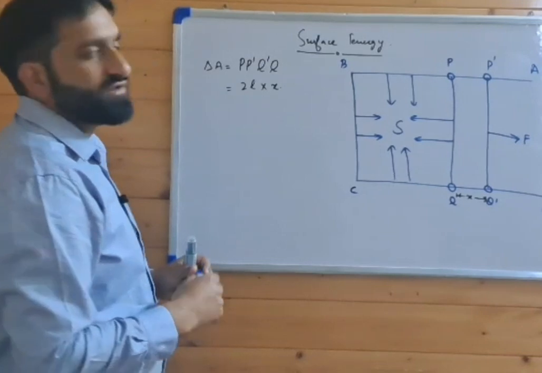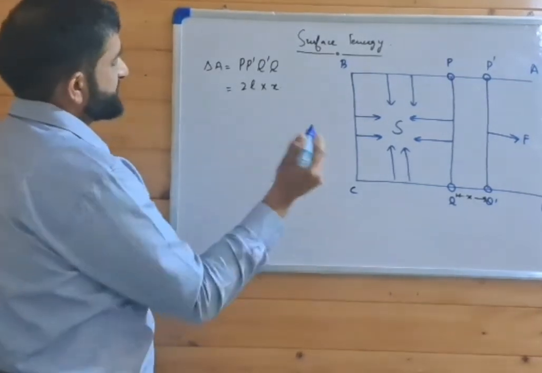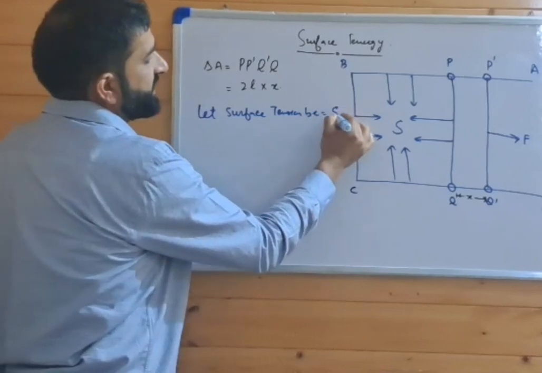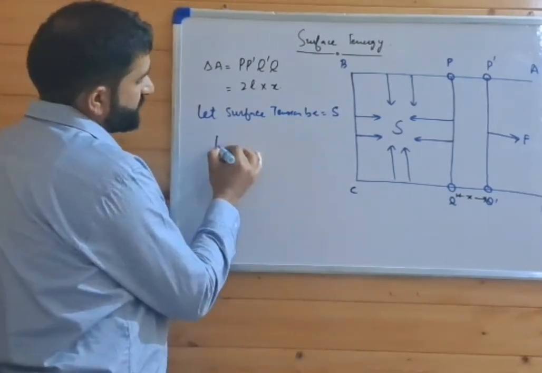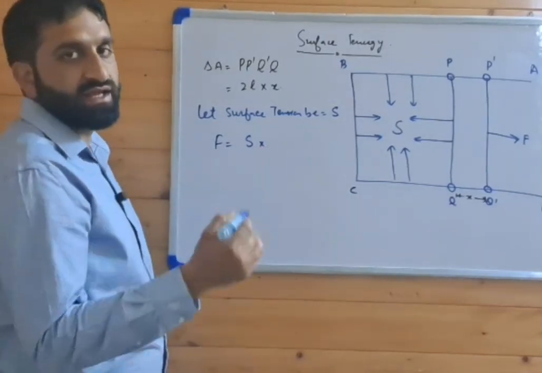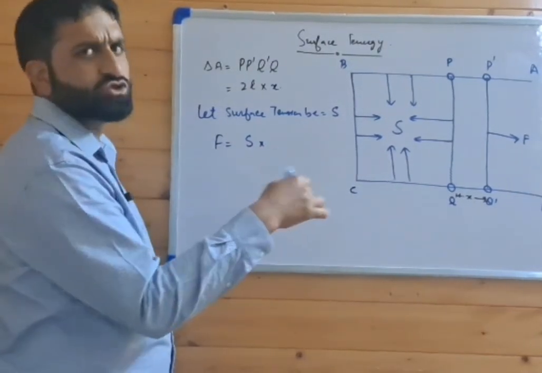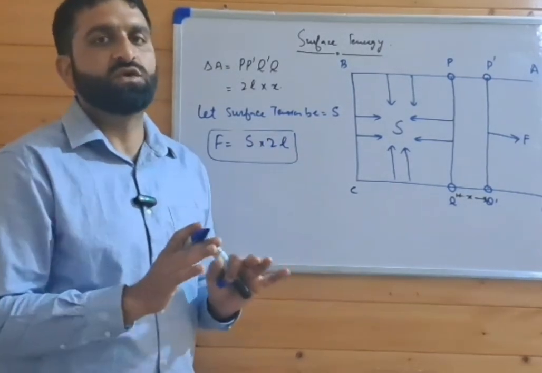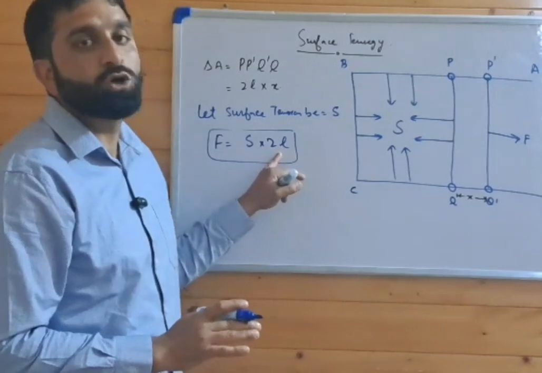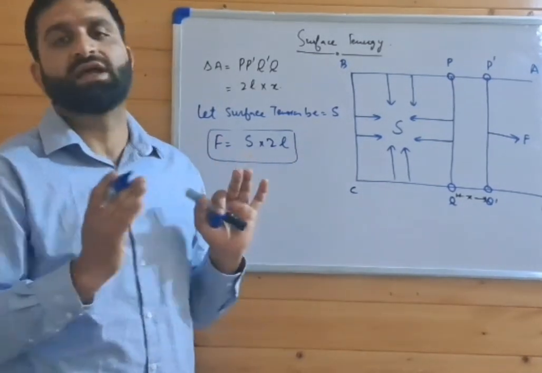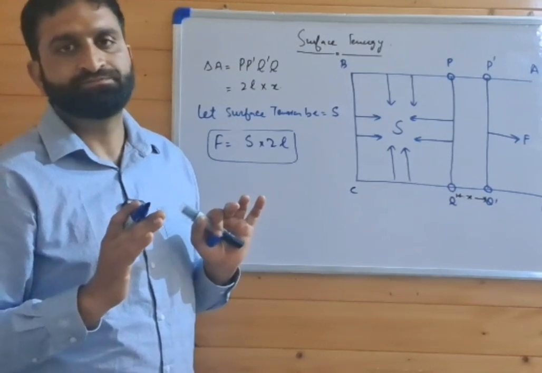Now, as we have got two surfaces, let the surface tension be S. Now the force is surface tension into the length, and the length of the two surfaces whose area needs to be increased is 2L. We know that surface tension is force per unit length, but here we have got 2L, not L, because we have got two surfaces, one on the outer side and one on the inner side.